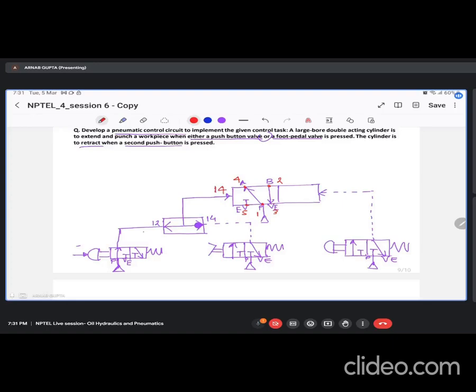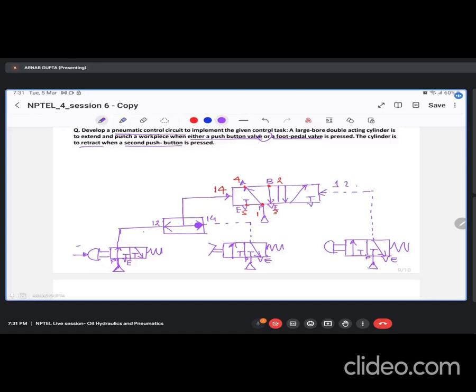Whereas if the pressure port is connected to B, like in this case, A is connected to E and P is connected to B, in that case it is basically 1 2. Okay. So in this case 1 4 is activated, so I am showing this one only.